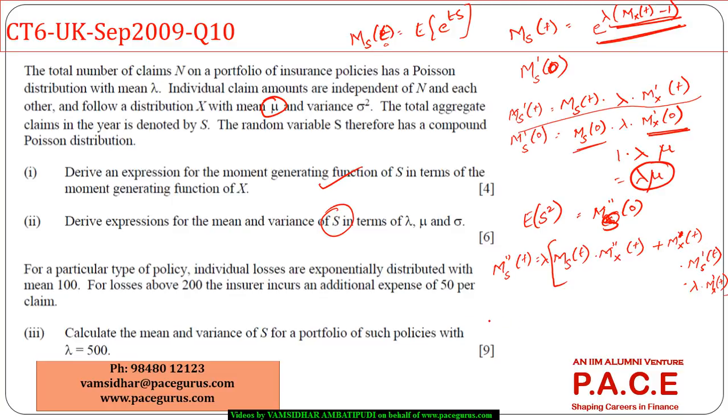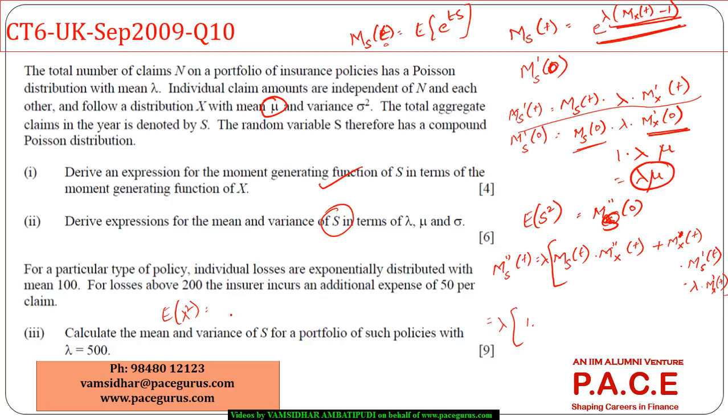Now wherever required, if I put zeros, ms of 0 is 1, m double dash x of 0 is nothing but the expected value of x squared.